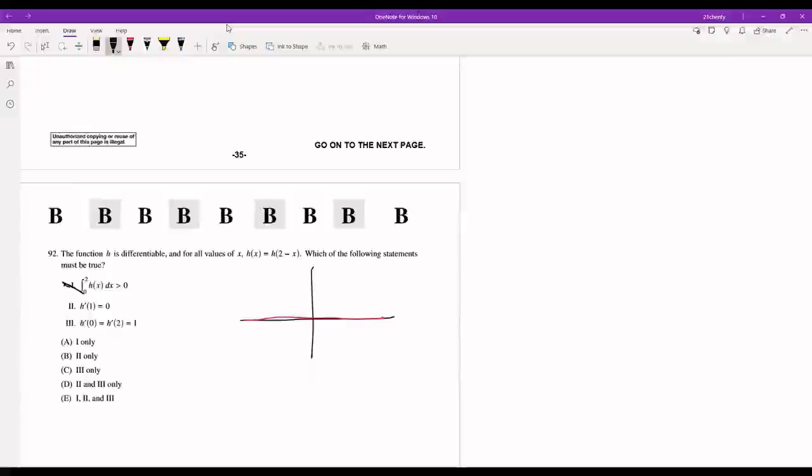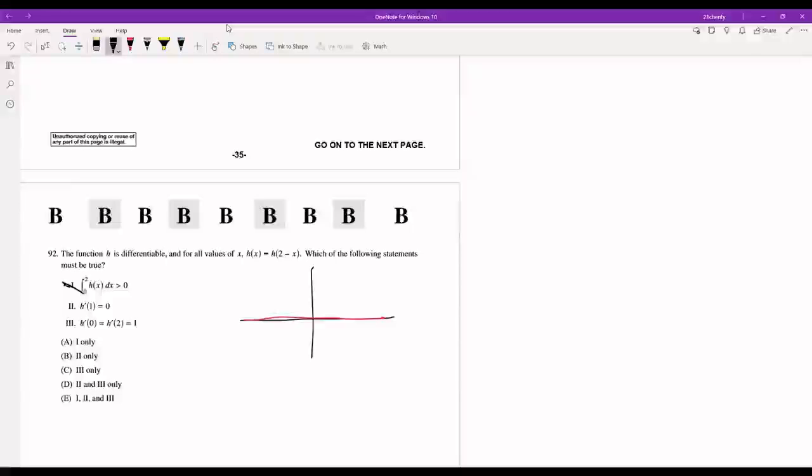2, the derivative of h at x equals 1 equals 0. I do believe this is true, because this graph is essentially saying that at a certain x, it has the same value that a certain x, 2 units away has.